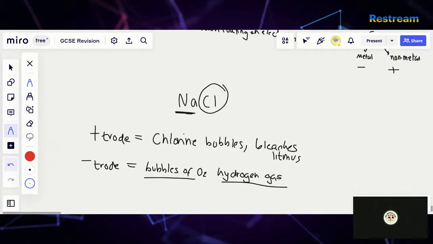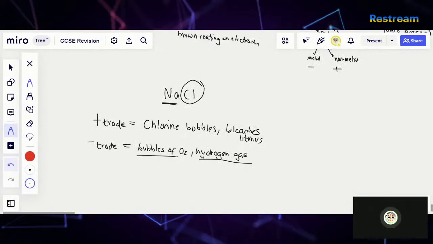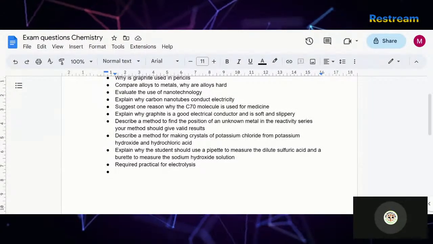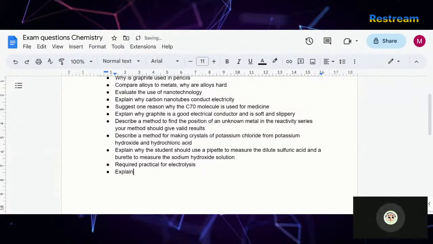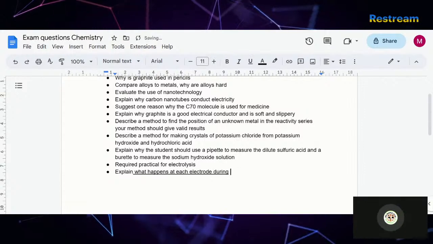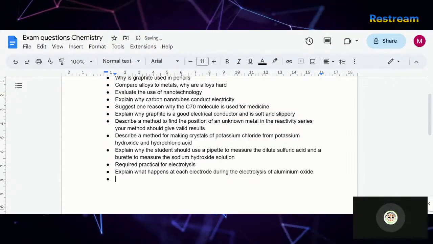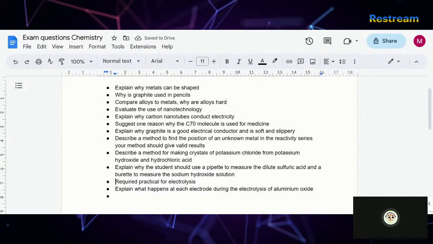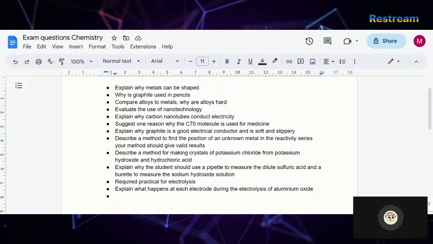Okay, let's do the next question now, which is an explain how question. Explain what happens at each electrode during the electrolysis of aluminium oxide. So this would be a 4-marker, explaining what happens at each electrode during the electrolysis of aluminium oxide.